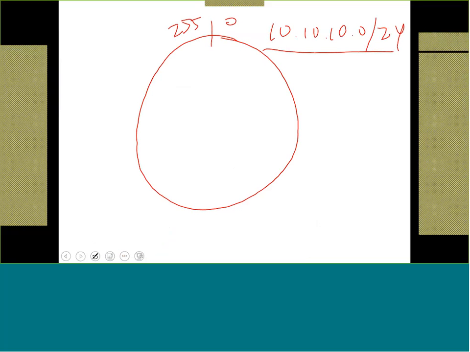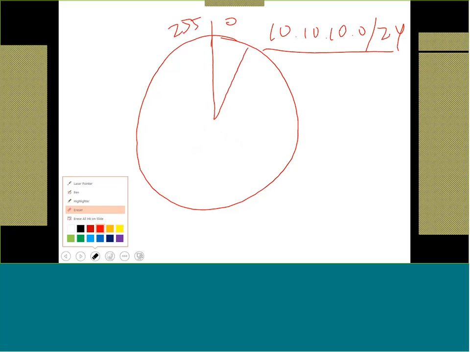So this is my /24. Now, when you do subnetting, you can't just simply slice out one piece and call that a network. So this is network 1 and that's network 2. Can't do it because the math doesn't work.